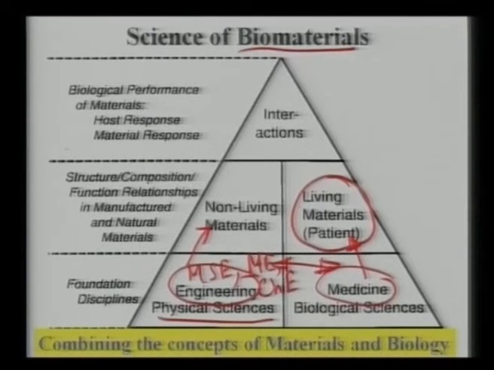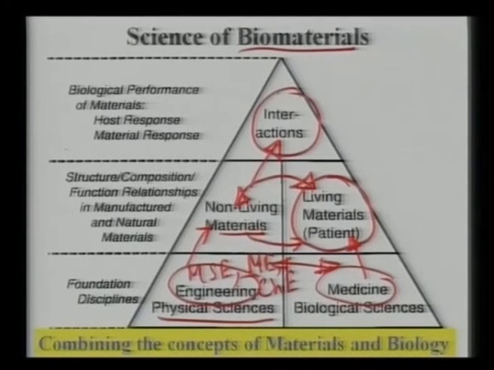Now if these two understandings are fused together, then their interactions are important: how non-living materials when implanted in patients will interact, and what the scale of these interactions is. What is the material response, like how the material will develop neobone or new bone in the implanted region, and what is the host response at the implanted region in the animal or human being, whether there is any inflammation or not, that is also equally important.